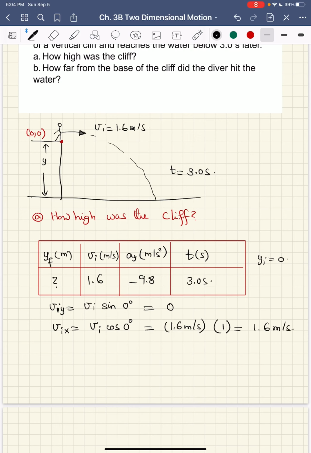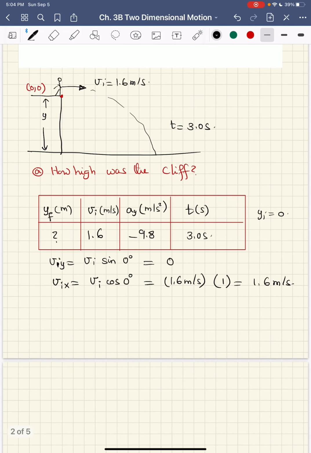Then in this one here, I want to use not VI, I want to use my VIY, and that is 0, because I am talking only here about the vertical motion.